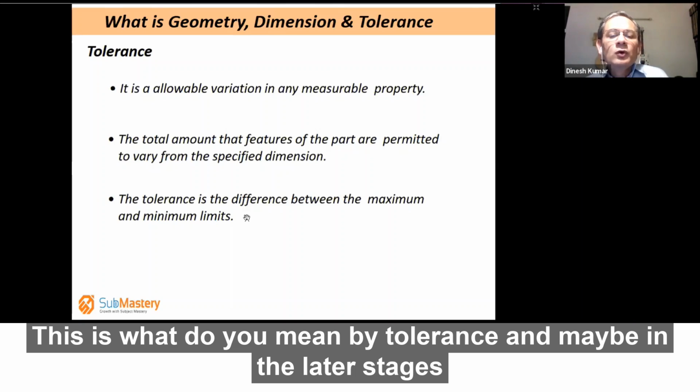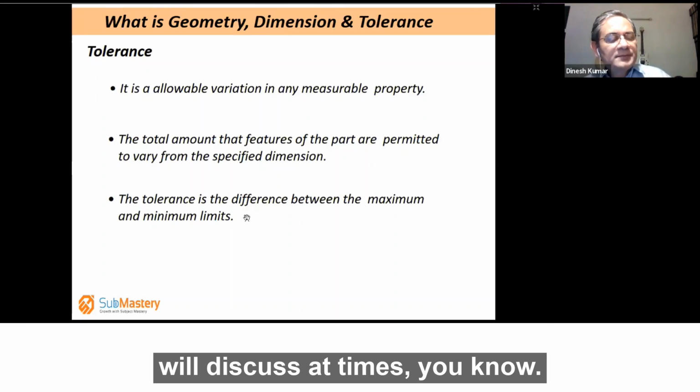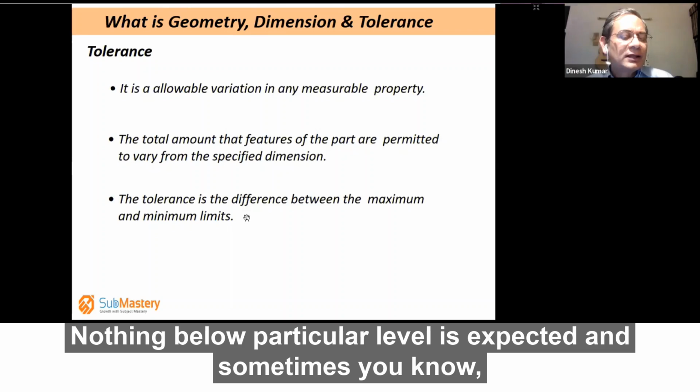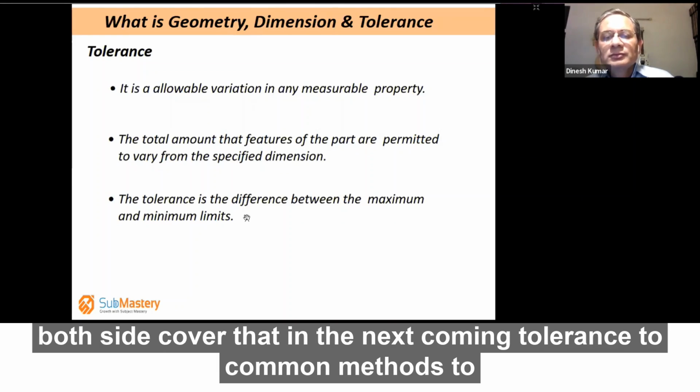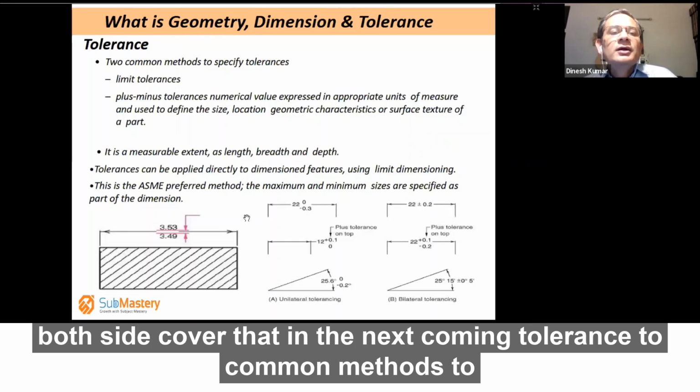So this is what we mean by tolerance. And maybe in the later stages we'll discuss at times nothing below a particular level is expected, and sometimes both sides. So we'll cover that in the next coming slide.